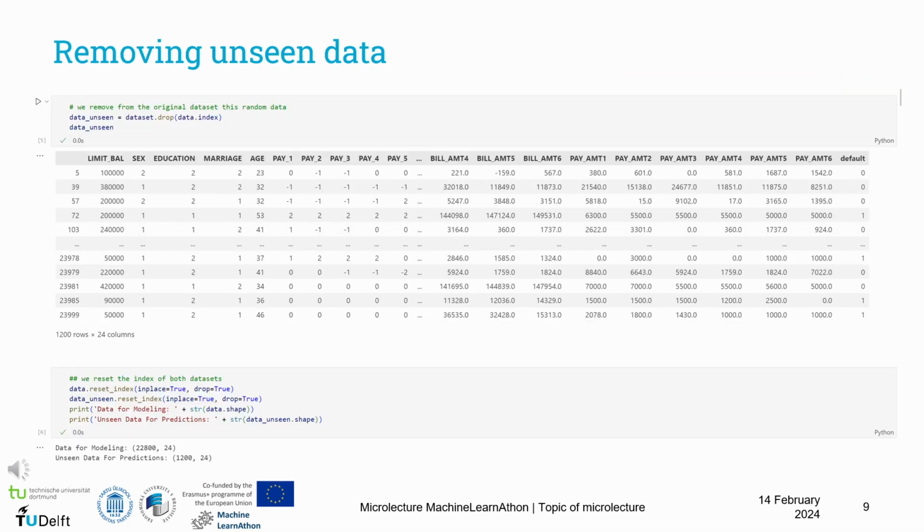At this stage, the validation set, also referred to as the unseen data, is withheld from the training process. This ensures that the model evaluation conducted at the final stage is unbiased, as the model has not encountered this data before.